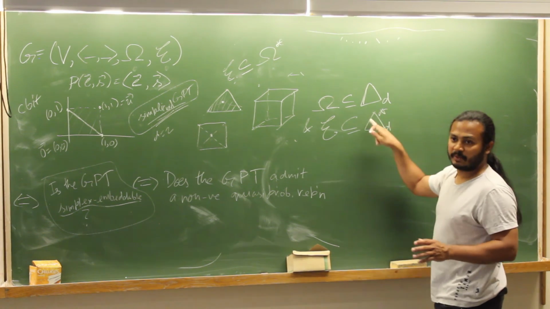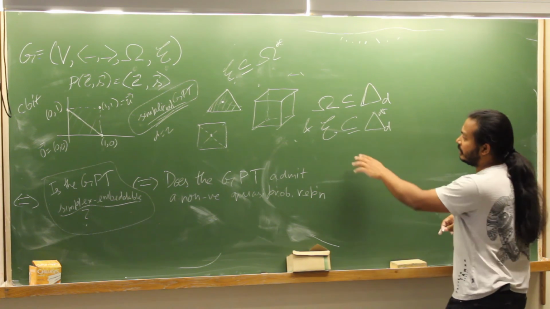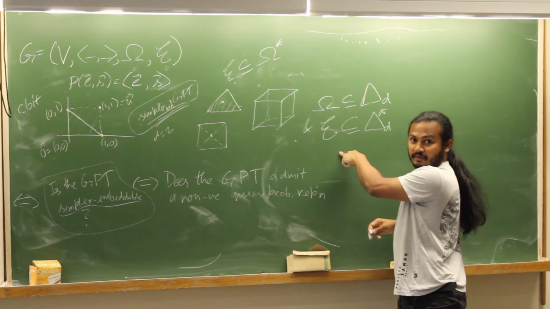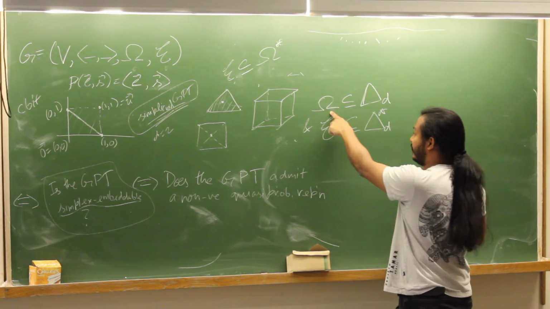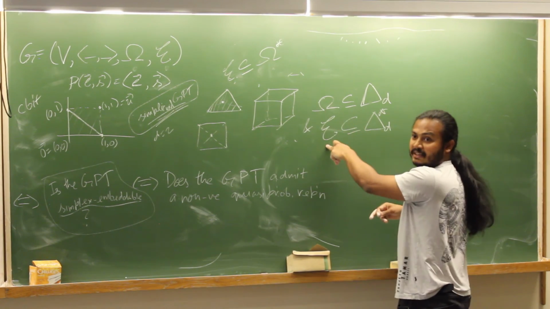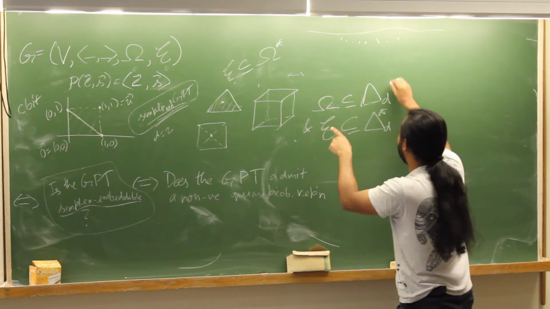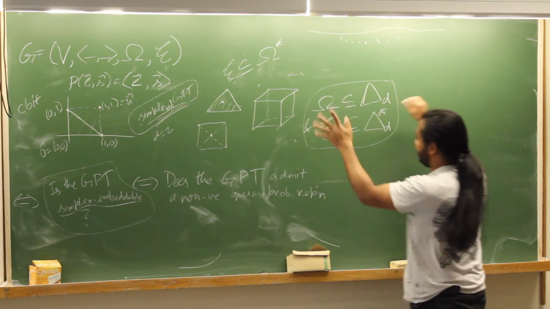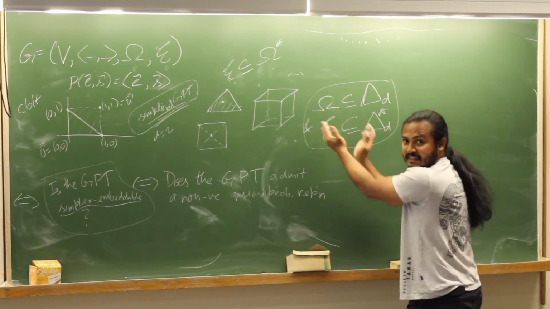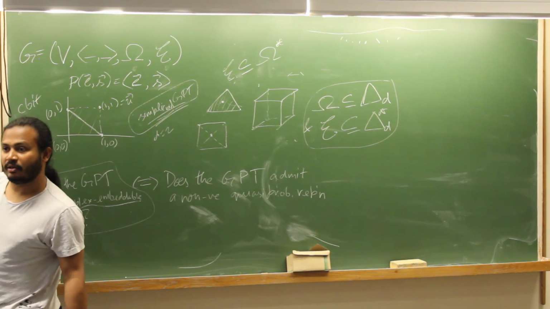This is like the hypercube corresponding to the simplex, okay? If you can do this for your GPT, if there are linear embeddings, so that you can compute probabilities here by basically computing them here, then, I'm not stating it very rigorously, but if this is true, then your GPT admits an ontological model.